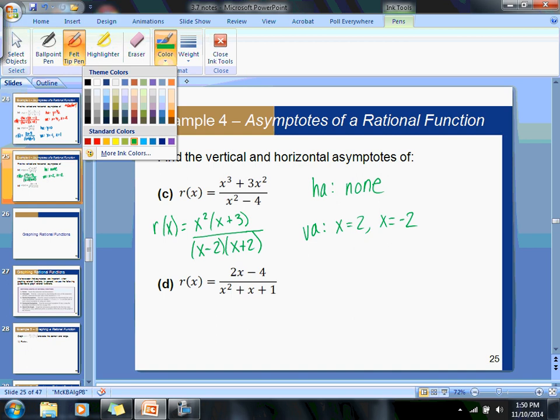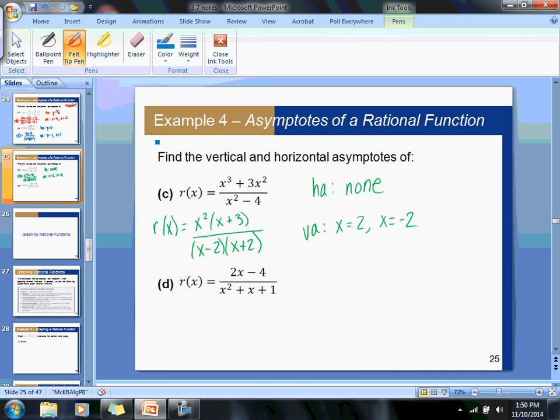Okay, and then one more to practice this in part D. The only thing I can do in my numerator here is to take out a GCF, so I'll take out a 2. So that's pretty easy. My denominator now, I have another trinomial, so I'll have to do guess and check. So I need an x and an x, and then the factors of 1, that'll get me to a 1.